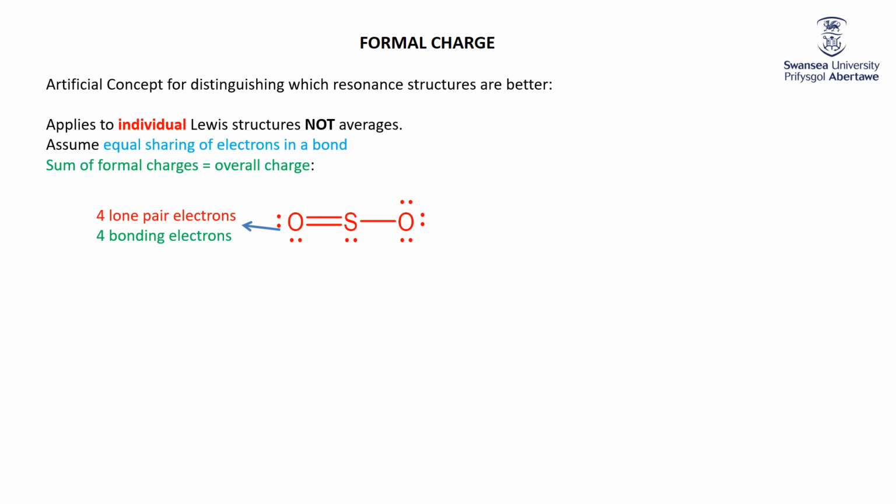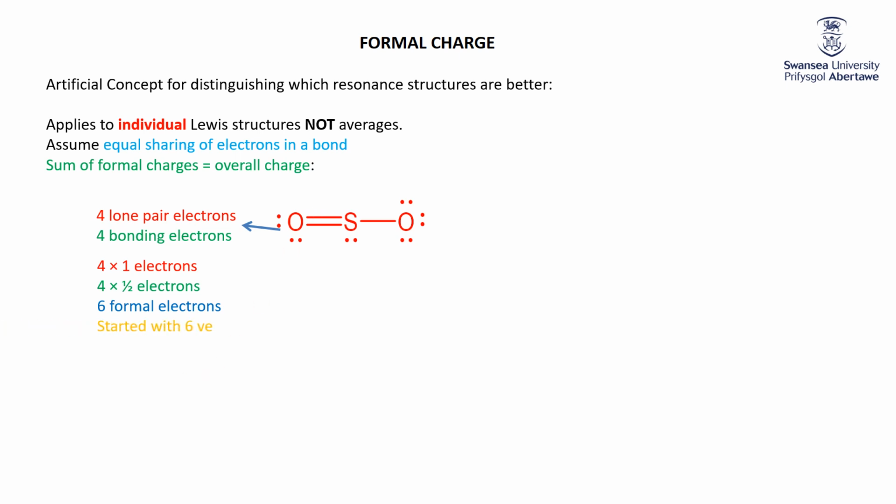When we add up the electron charge that this oxygen formally has, it has 4 electrons for the lone pairs, and 4 times half an electron, or 2 electrons, for the ones in the bond. So formally it has 6 electrons: 1, 2, 3, 4 from there, and then 2 halves from this bond, 2 halves from that bond.